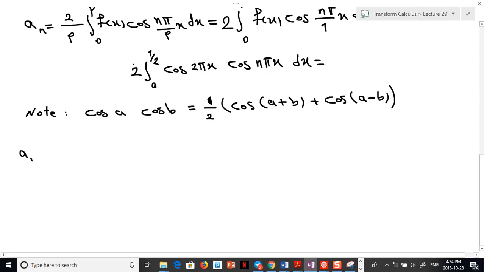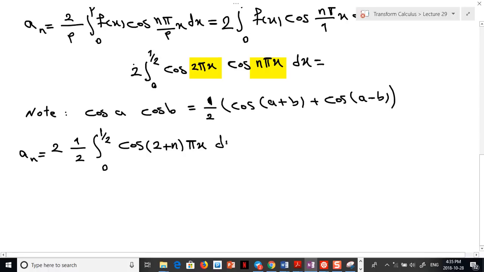As a result, an is equal to 2 times half, which is 1, times the integral from 0 to half of cosine (2 plus n) pi x dx, plus 2 times half, so the integral from 0 to half of cosine (2 minus n) pi x dx.